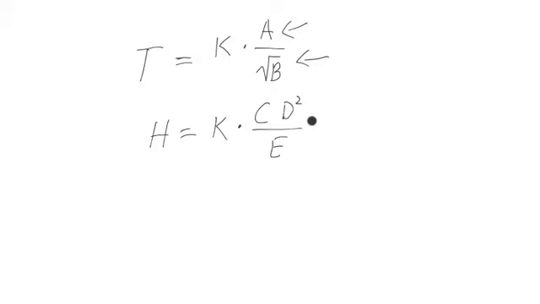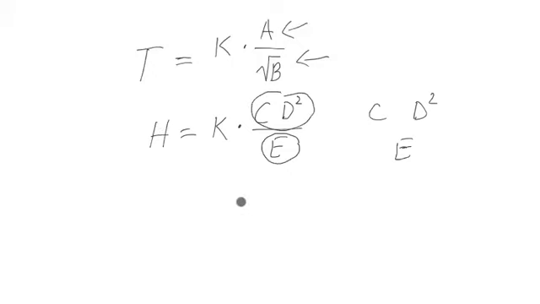You could also say directly proportional to the product C D squared. So it's directly proportional to the numerator. It's inversely proportional to the denominator. You could say it's jointly proportional to C and D squared, and then inversely proportional to E.